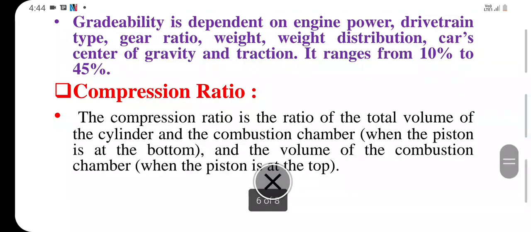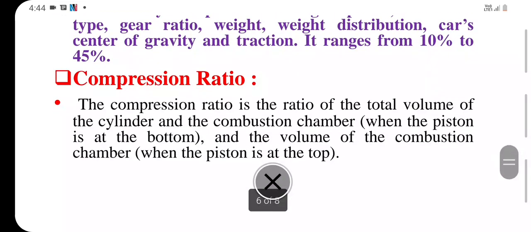Compression ratio. For some engines, the compression ratio is given. The compression ratio is the ratio of the total volume of the cylinder and combustion chamber when the piston is at bottom dead center, to the volume of the combustion chamber when the piston is at top dead center.